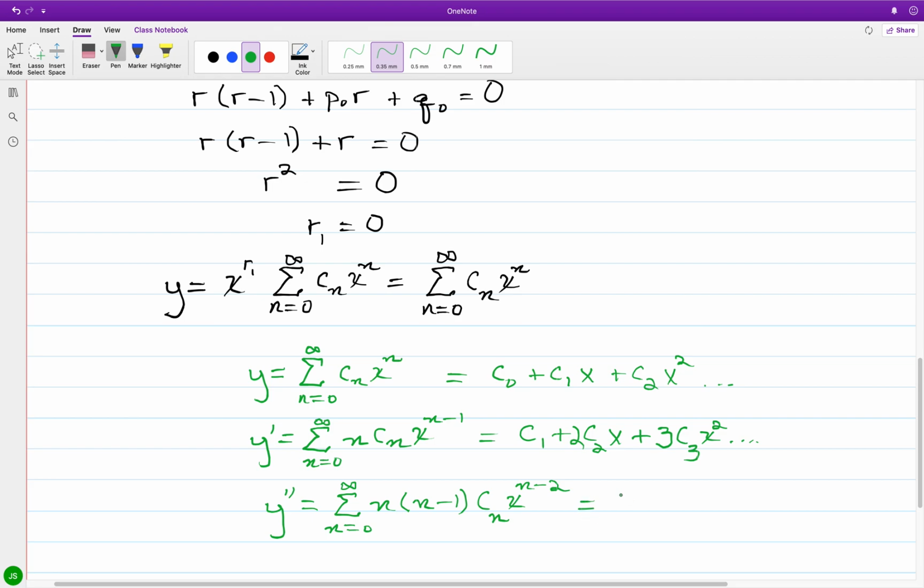And if you notice, for the second order derivative, 0 and 1 make the term negligible, so if I go out to 2, we have 2 times 2 minus 1, so we have 2c2, then 3 times 2, which is 6, so we have 6c3 x, and so on.